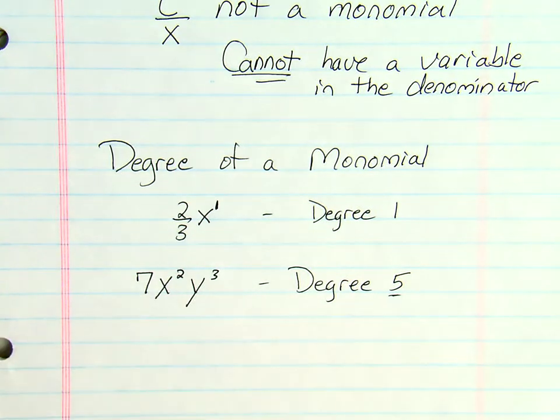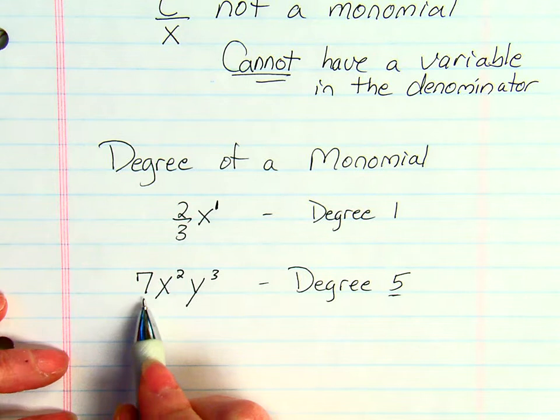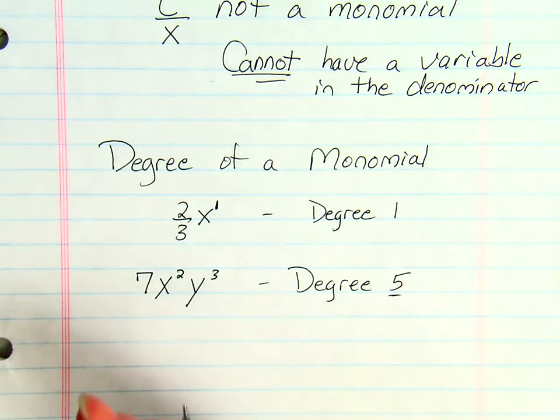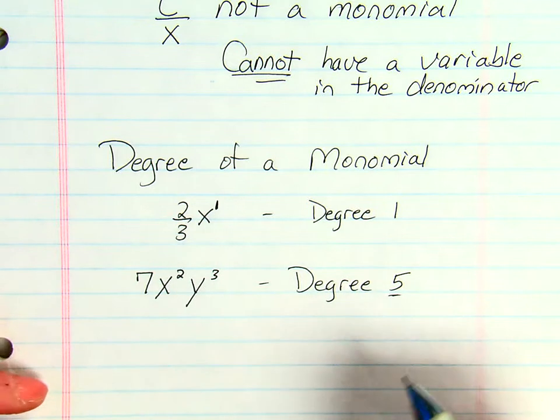We do not count the exponents on our constants, because those can actually be calculated out. Like if this 7 was squared, I would just say it's 49. So the exponent does not become that important for the constants, so we only worry about the variables.